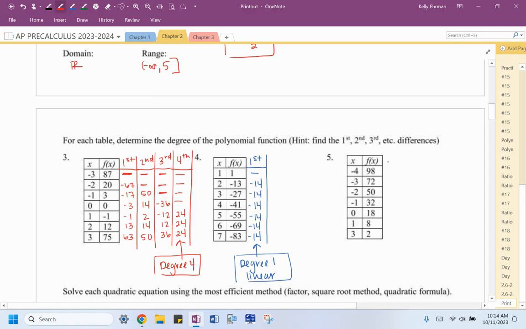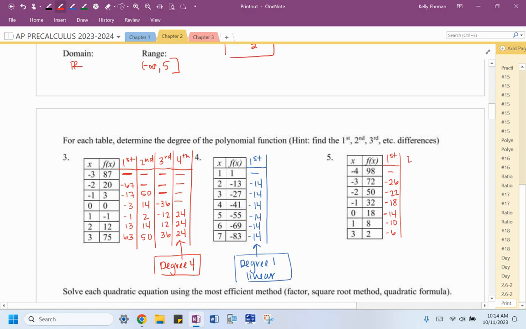And for our third one, 72 minus 98 is negative 26. 50 minus 72 is negative 22. 32 minus 50 is negative 18. 18 minus 32 is negative 14. 8 minus 18, negative 10. 2 minus 8, negative 6.